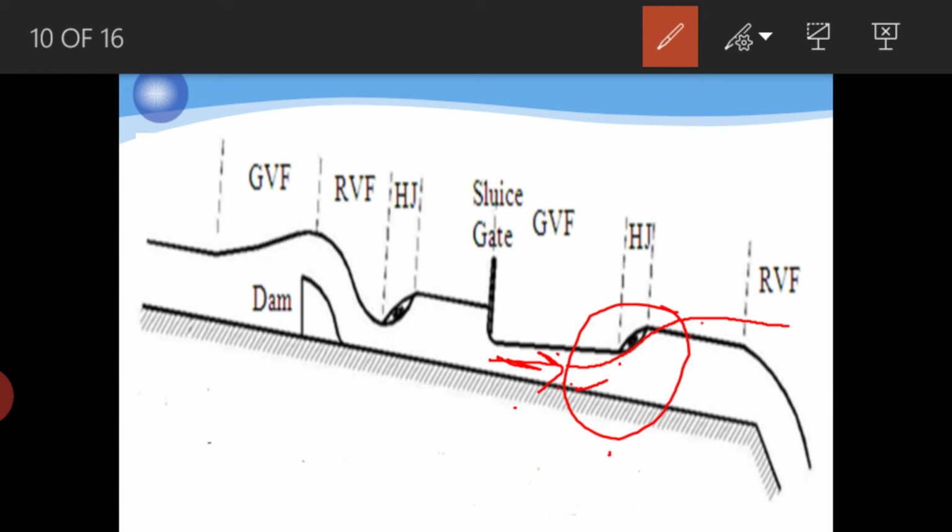After the hydraulic jump, gradually it flows again and falls down, then moves forward like this. So remember, the hydraulic jump means the flow from supercritical to subcritical. When the flow takes place from supercritical to subcritical, that is called hydraulic jump.